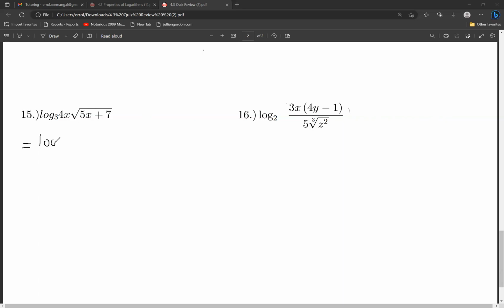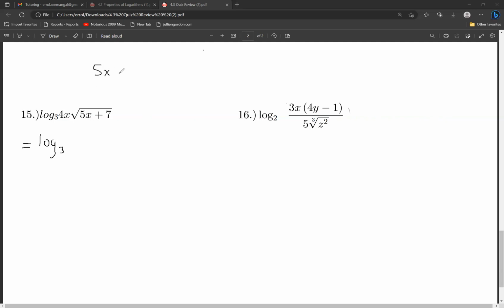Log. Wait, is 5x 1/5 and 7 just 7? Is 5x 1/5?